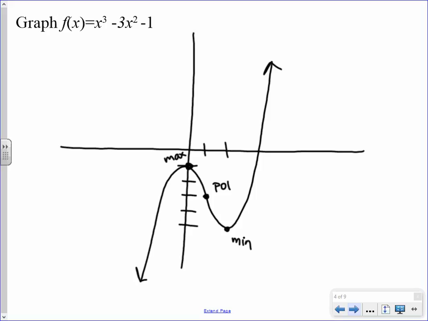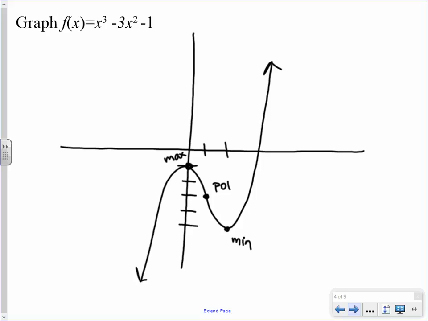If you have a max, then it's going to be increasing to that point. Then when it's going to a min, it has to be decreasing to that point. So you're saying you don't want to find increasing and decreasing intervals at all? Well, I find it, but I already know if it's a max, then it has to be.